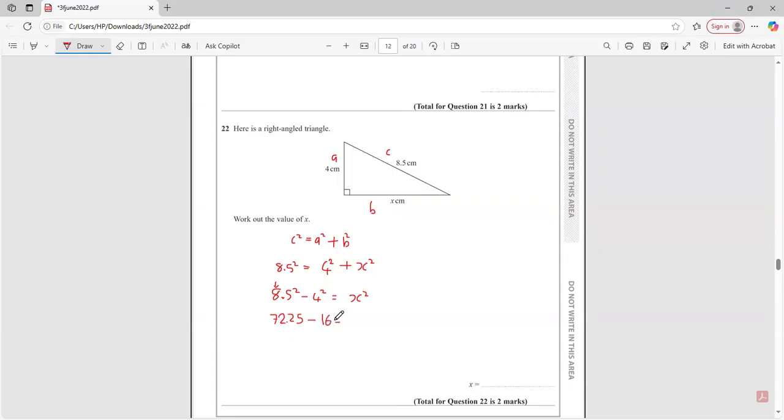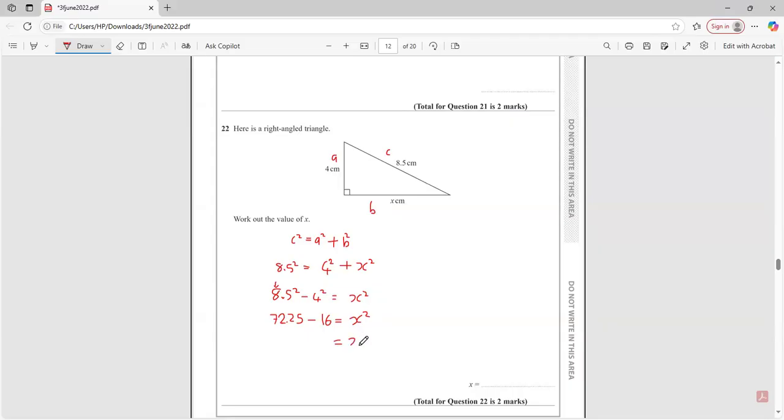Yes. Okay, I just felt like I should remind you because that's a fast way for questions that won't allow you to use a calculator. Okay, but here we are. So can you help me with this? 72.25 minus 16.